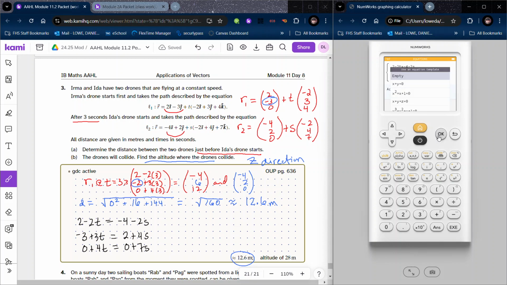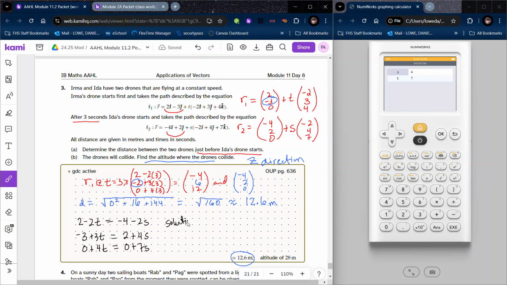And let's add one more equation, which is 0 plus 4t, and that needs to be equal to 0 plus 7s. All right, so we have our three equations. We solve our system, and the solution is s equals 4 and t equals 7.